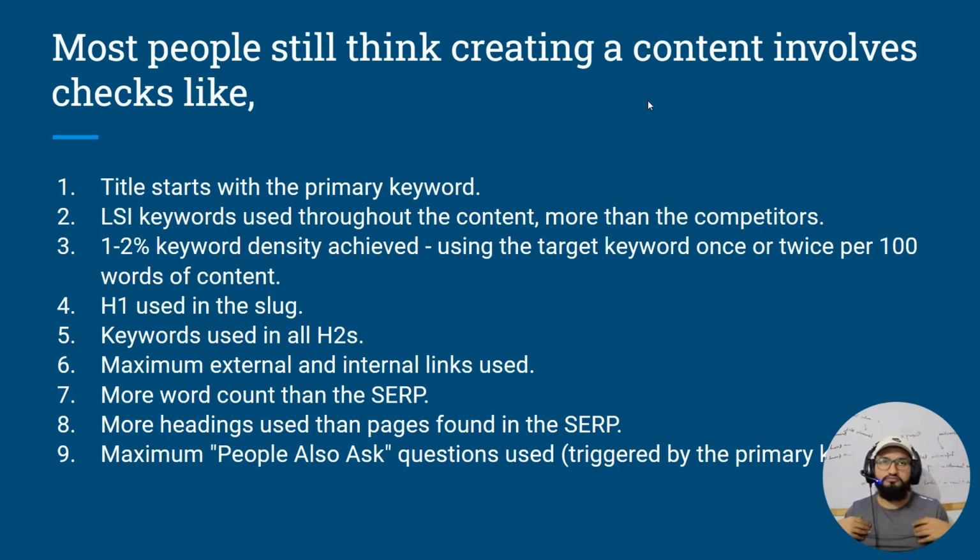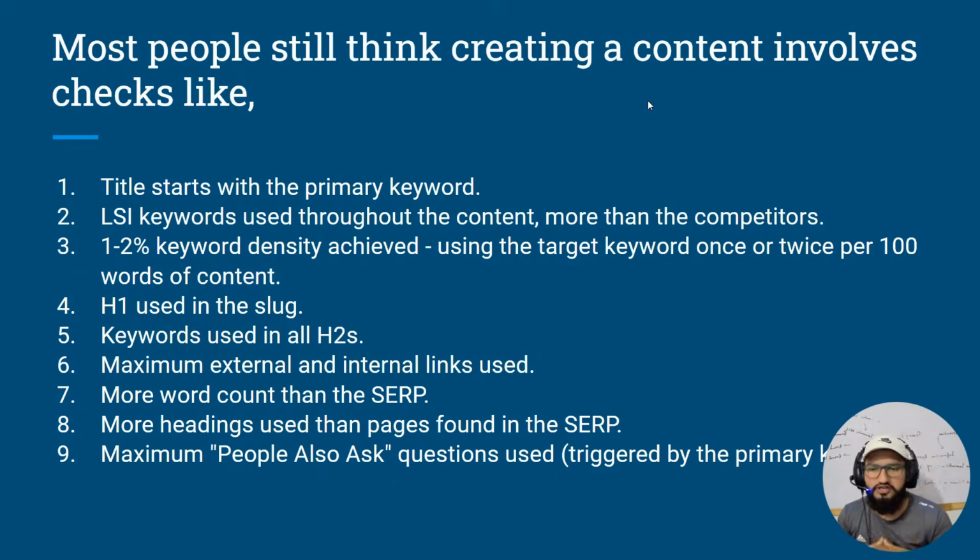Like the macro context of the queries and the user's behavior you want to optimize in your macro semantics, like in the title, H1 and so on. Again, if you focus on certain phrases and you say that you have covered the whole behavior, the whole set of queries, the whole topic, whole context, whole search intent, it won't work that way. So these practices do not work anymore, right?